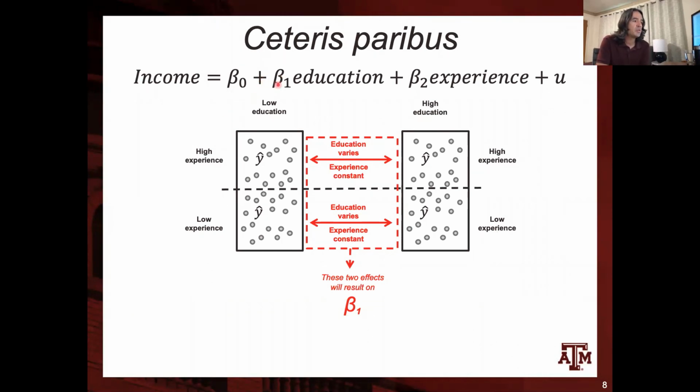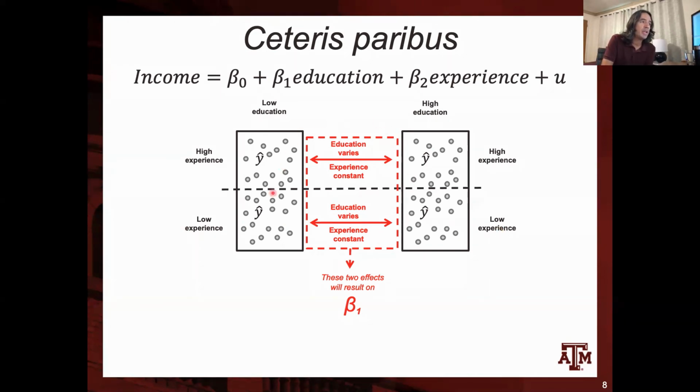The beta 1, how is it? It's pretty much, I have to compare this subgroup here with this subgroup here. So education is varying from low to high, and experience is constant. And I compare these 2 other subgroups here, in which education also varies from low to high, and experience is constant on low experience.